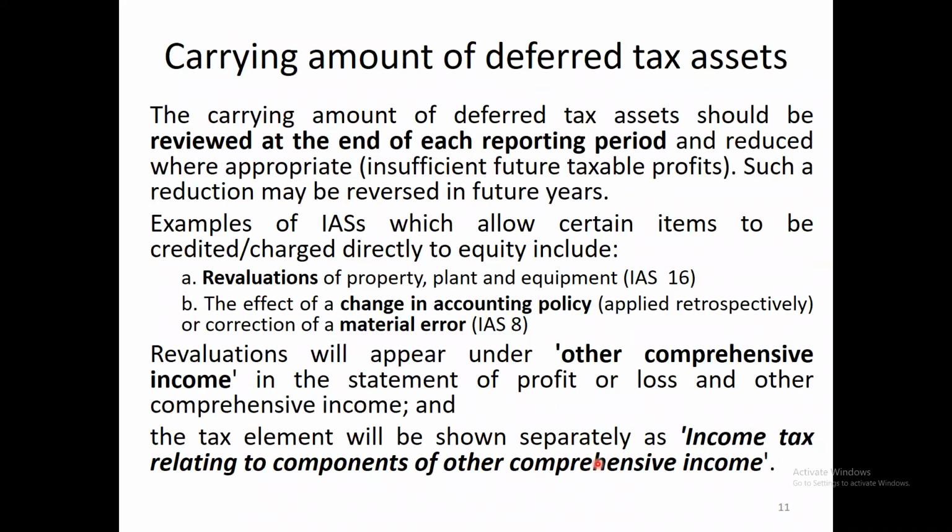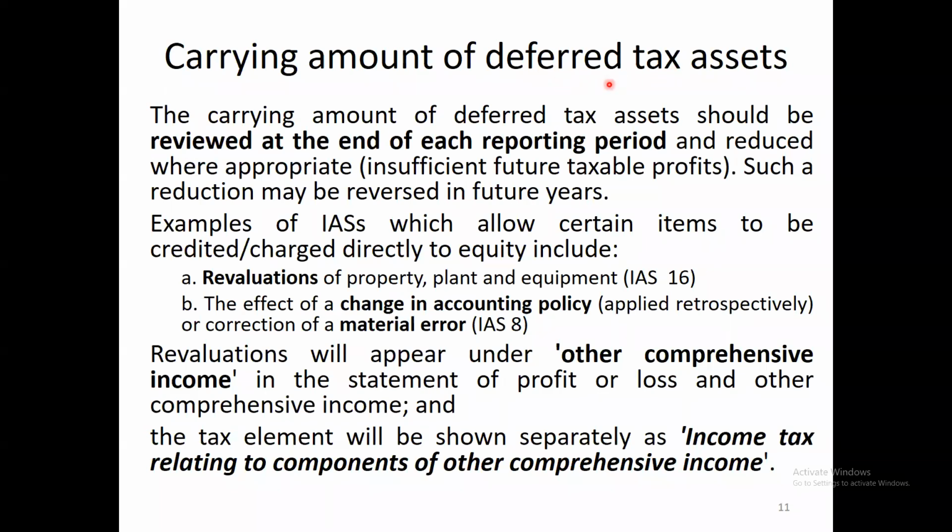Now let's see the carrying amount of deferred tax assets. Earlier we discussed the carrying amount of assets or liability. Now we are talking about the carrying amount of deferred tax assets.